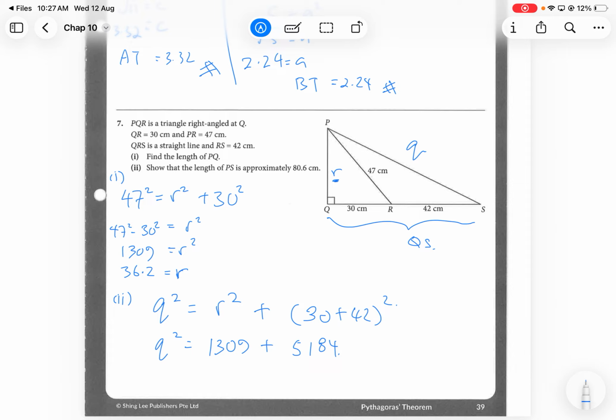BD squared is equal to 32 squared plus 56 squared, which is 4160. Okay? I don't need to find the square root. If I want, I can. But later, I'm going to use C squared. Why?